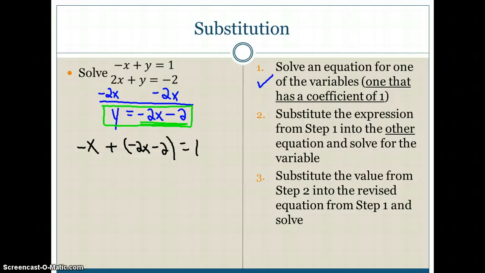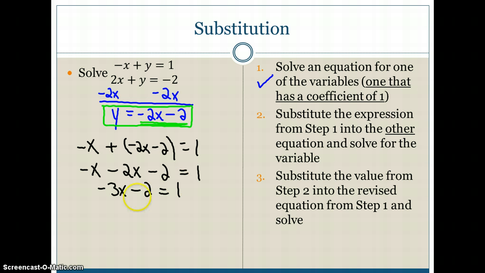Now this becomes an equation that we solved way back at the beginning of the year. So we just have to solve this. This will be negative x minus 2x minus 2 equals 1. Well, negative x minus 2x is negative 3x minus 2 equals 1.